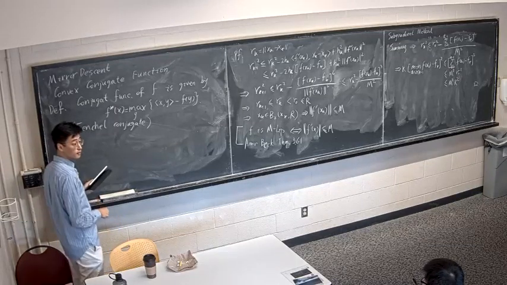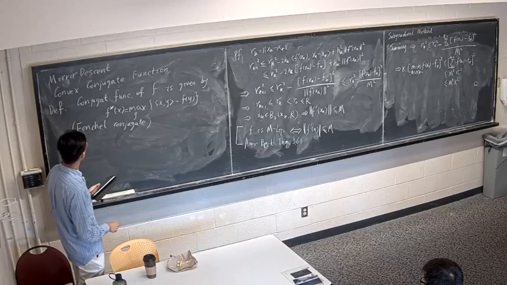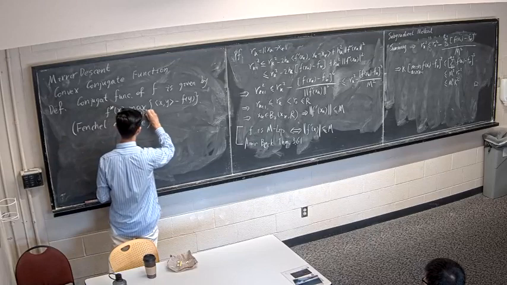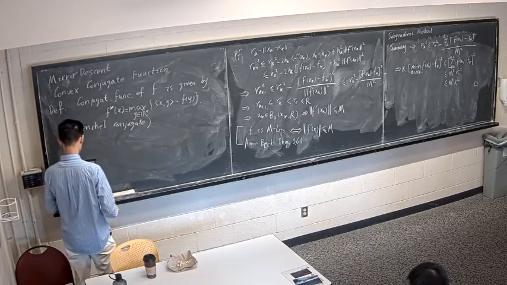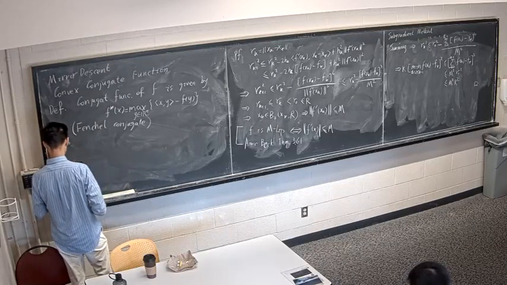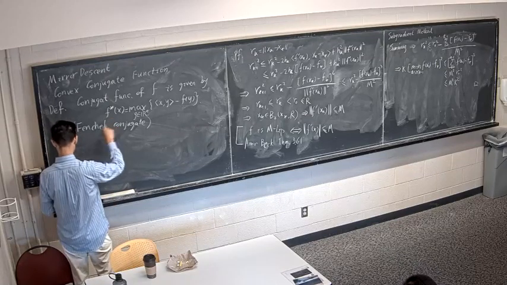The inner product is over C, not R anymore. Here, let's assume it's just in R. Here are some properties of the function f star.